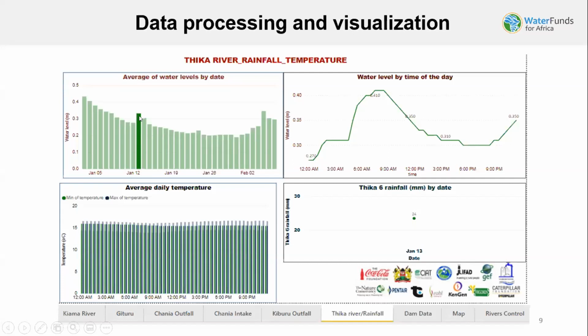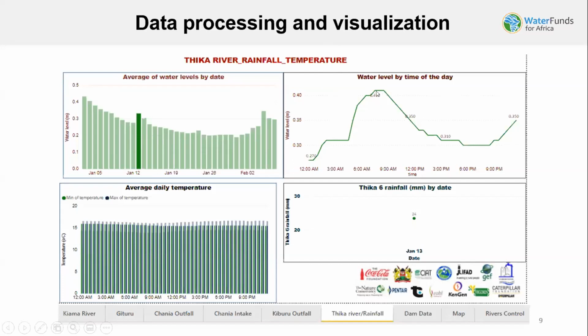And the water manager would want to know what actually happened. So clicking on that particular day, this is how the water levels were changing that day. He is able to see that at 9 a.m., the time the gauge readers take their readings, there was a water level of 0.41.